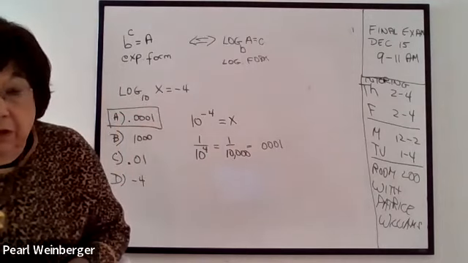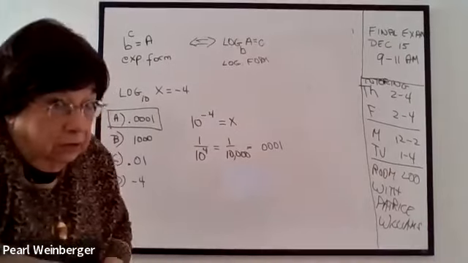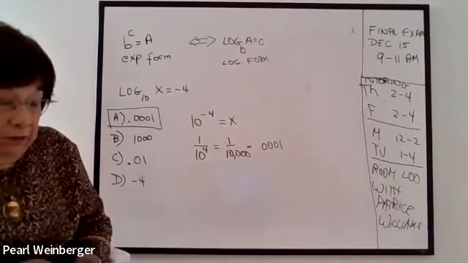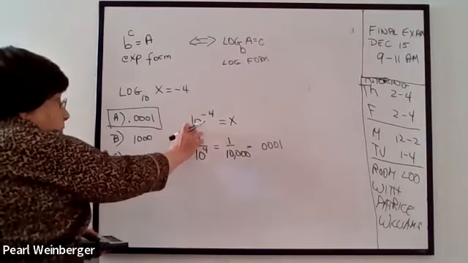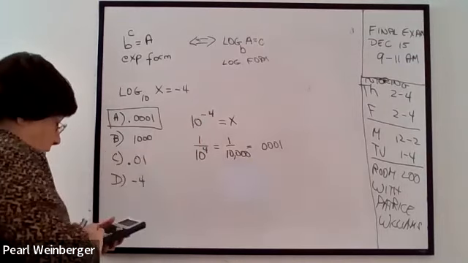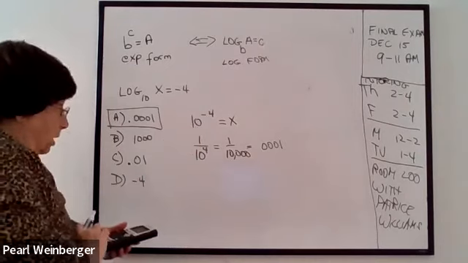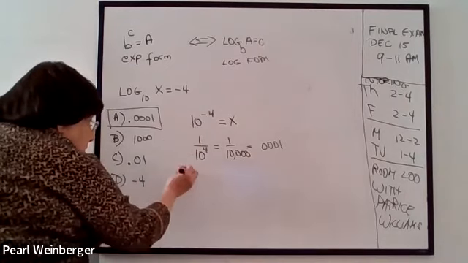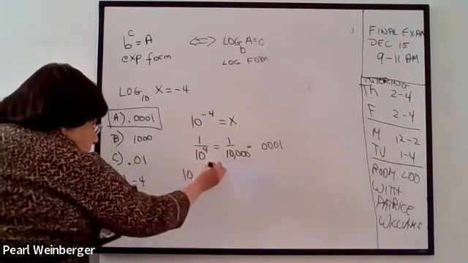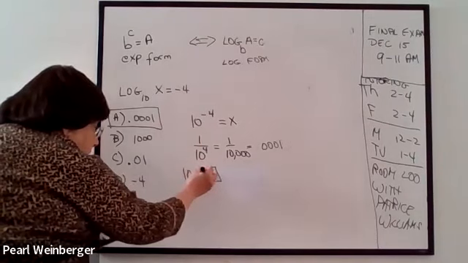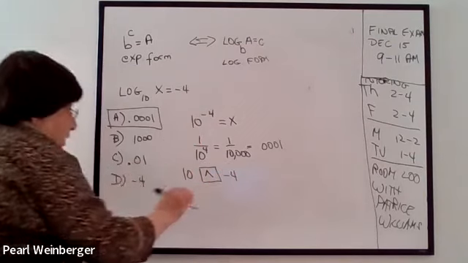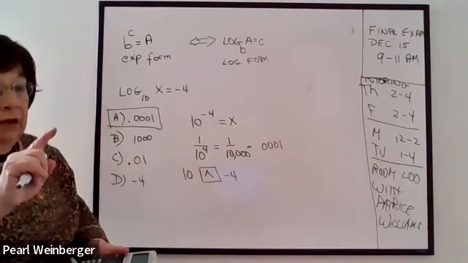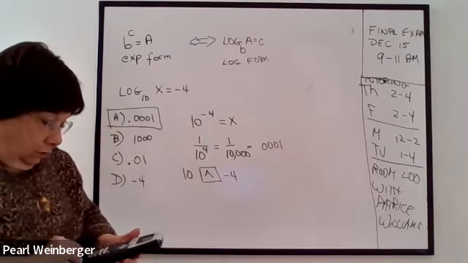Of course, we could have done this with our calculators. Those of you who have a calculator, I suggest you try it now. We could have right away done 10 to the negative 4 in our calculator. If you do this, put in the 10, press your exponent button, and then put in negative 4. Remember, not minus, the negative button, not the minus.